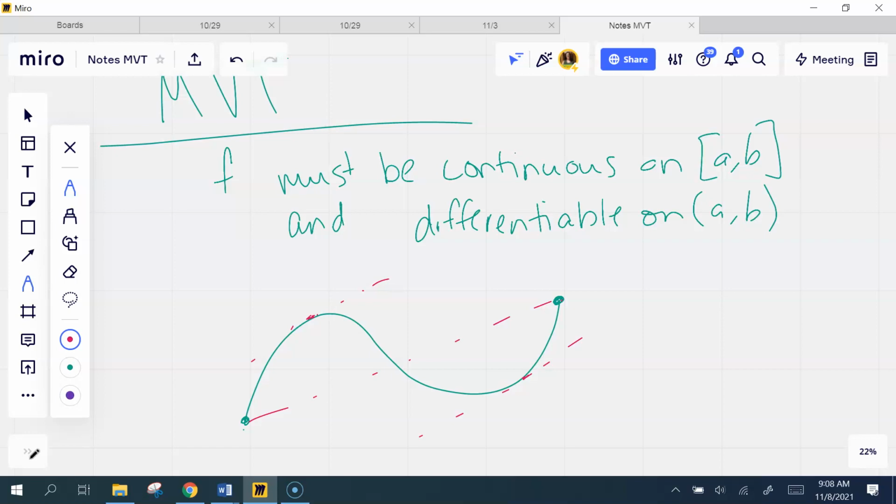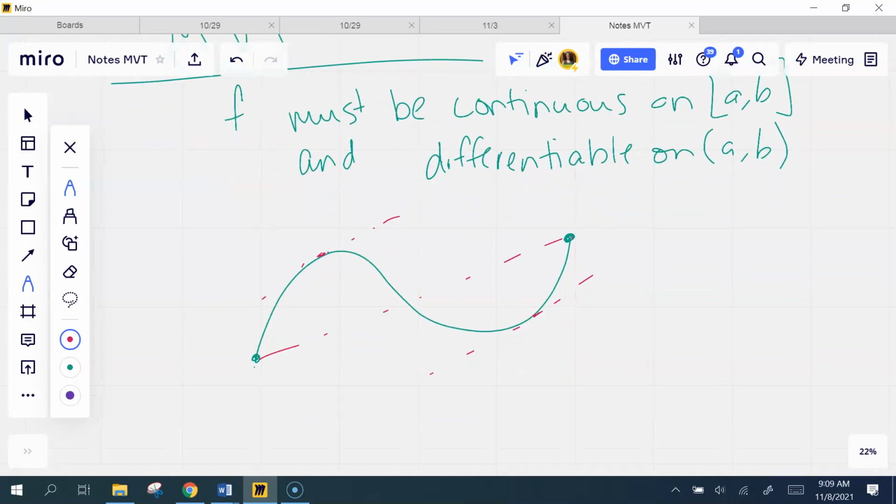Okay. Does that make sense? So now let's put it in terms of an equation. If this is f of x, and this is at x equals a, and this is x equals b, then that means this point is a, f of a. Do you agree with that? Yeah. F of a means plug a in and get the y value, right?